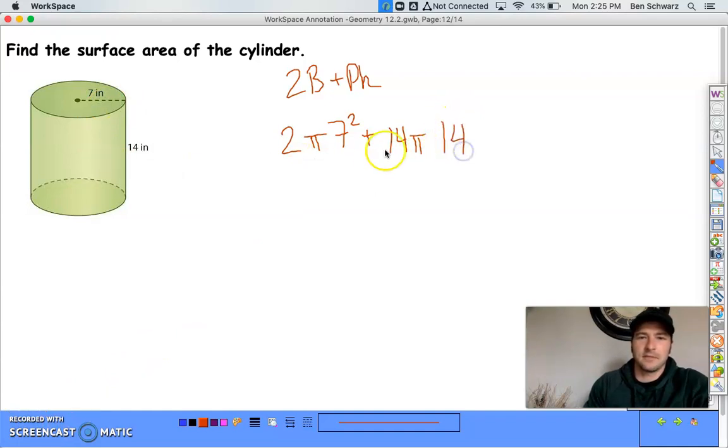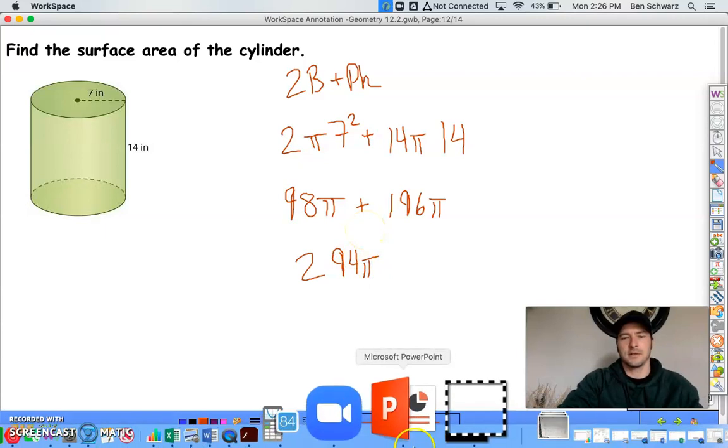So again, let's try to save pi till the very end. So 7 squared is 49. 49 times 2 would give us 98 pi. And then 14 times 14, so 196 pi there, for a total of 294 pi.